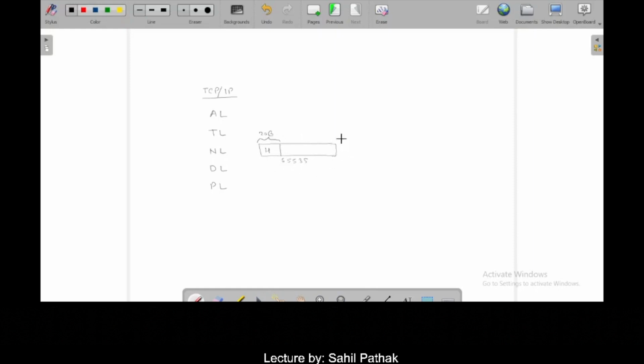Then the maximum payload possible is 65535 minus 20 bytes, which is 65515. So this is the maximum payload that can come to the network layer from the transport layer.